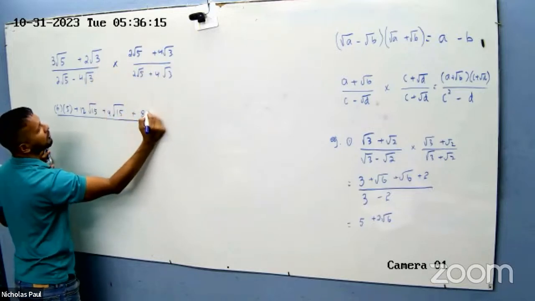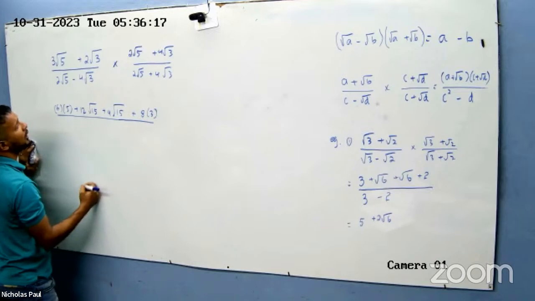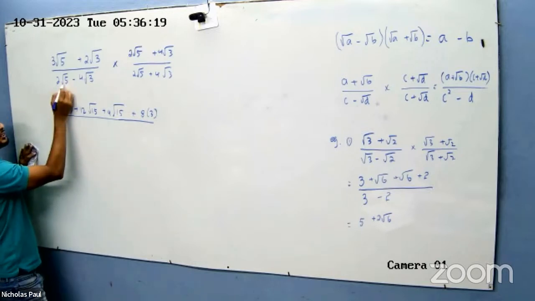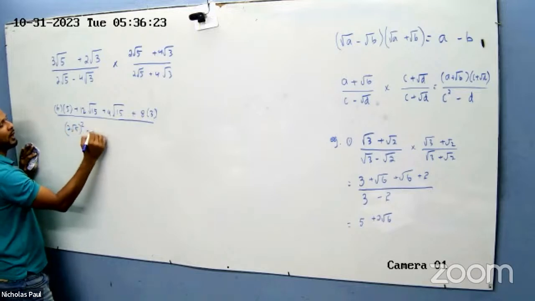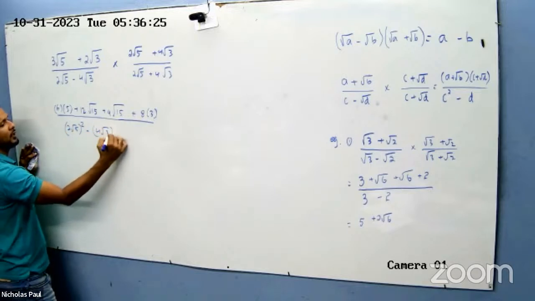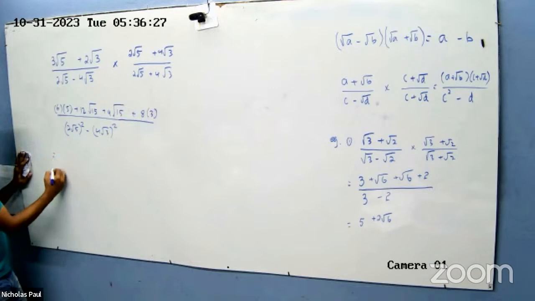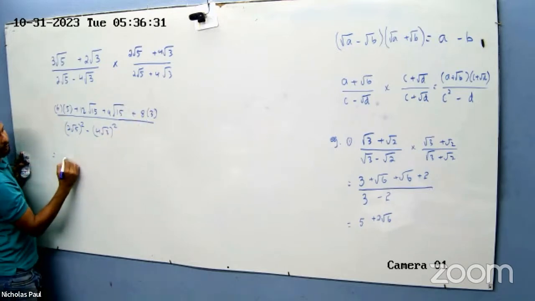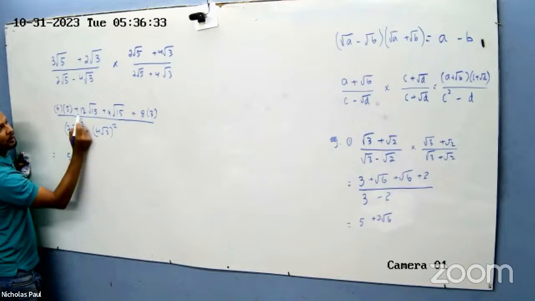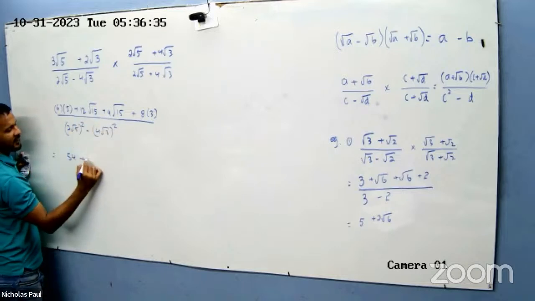Root 3 by root 3 is 3. And the denominator is 2 root 5 squared minus 4 root 3 squared. The numerator is what? 30 plus 24, that's 54. 12 plus 4, that's 16.